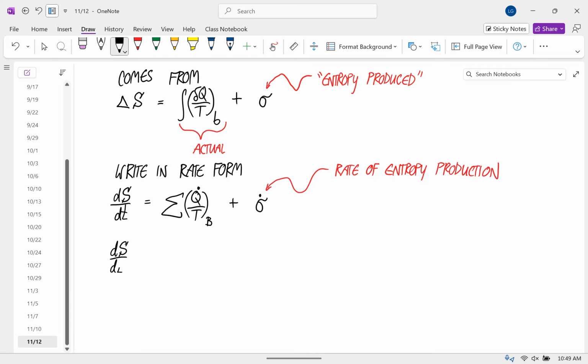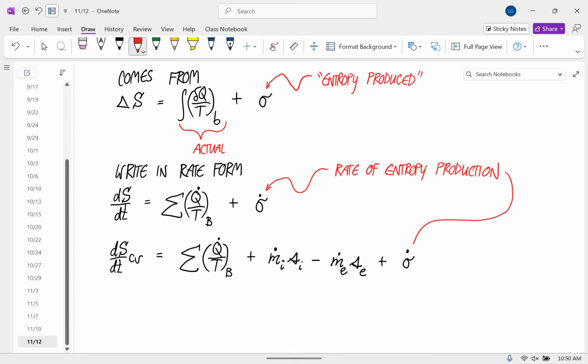dS/dt for the control volume is equal to the sum of all the rates of heat transfer around the boundary plus the rate of mass flow at the inlet times the specific entropy at the inlet minus the mass flow rate at the exit times the specific entropy at the exit plus sigma dot.